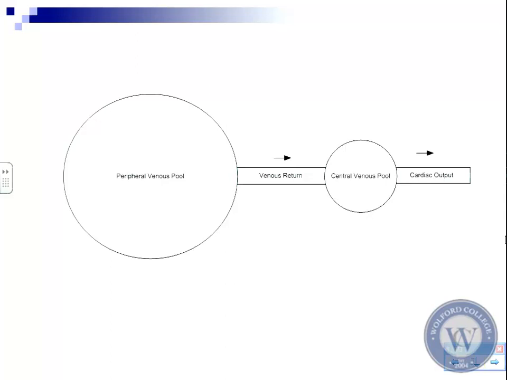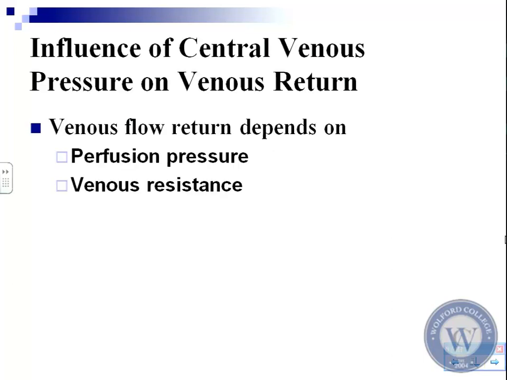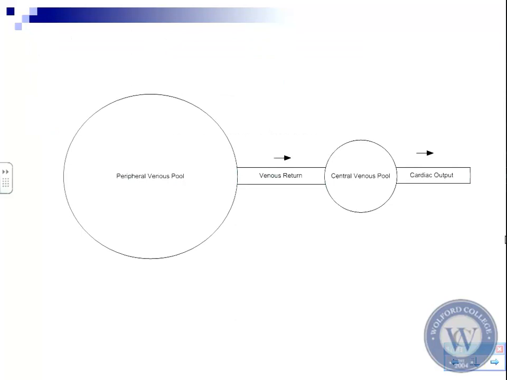That blood returning can basically be broken up into superior vena cava, inferior vena cava, and coronary sinus. Those are the three blood vessels that are coming back to the central venous pool. Then that volume is dumped into the right ventricle, which pumps it to the left, and eventually gets to be equal to the cardiac output. So this is a very simplified model, but it works just fine for what we're going to talk about.